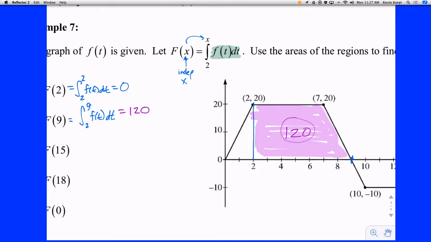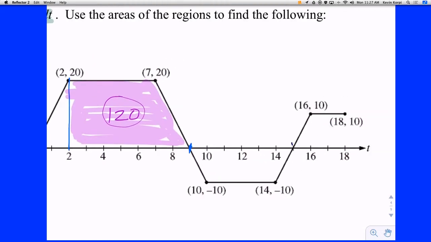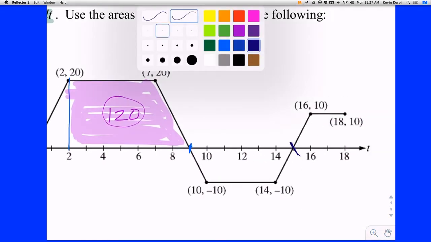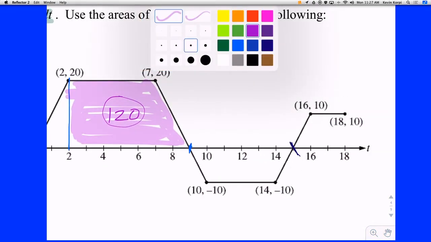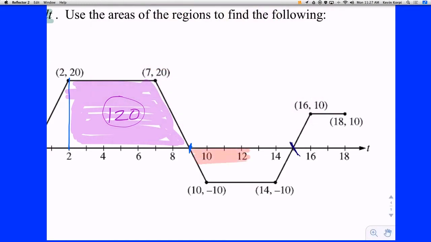Okay, good. Big F of 15. Plugging in first, that's the integral from 2 to 15 of f of t dt. So now we have to go all the way to 15. Well, 15 is over here. I have another little region, another trapezoid down here that I can compute. It's 1/2 the sum of the bases times the height.